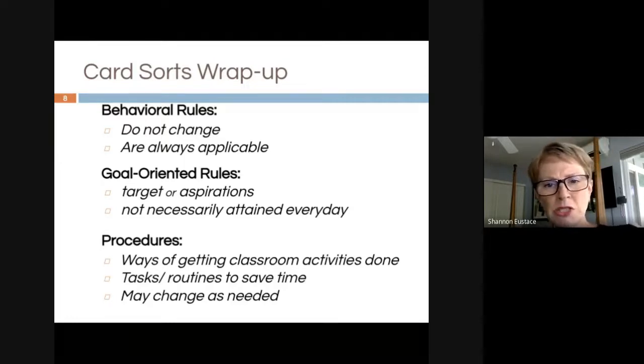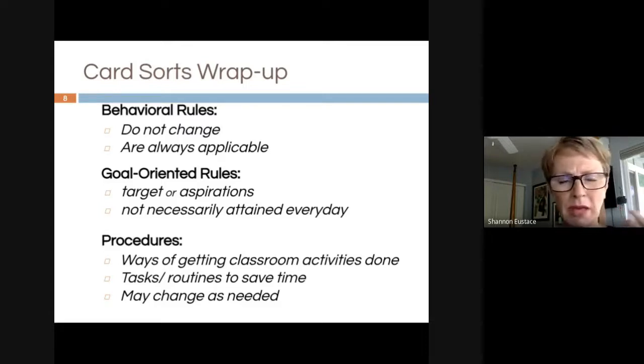And then procedures are the way of getting the classroom activities done. Tasks and routines, these save time, and they change as needed. I remember somebody in the very beginning said there needs to be flexibility or the ability to adjust. And yes, procedures will change as the school year goes on and as the students' needs change.